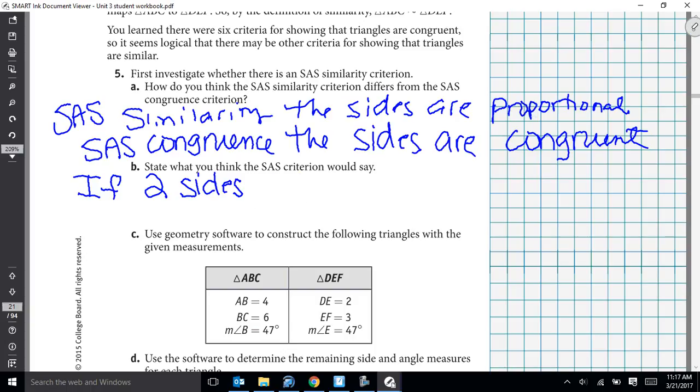If two sides are similar, or what's the key word that we use? Proportional. If two sides are proportional.